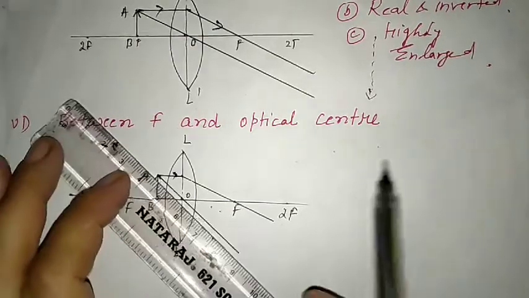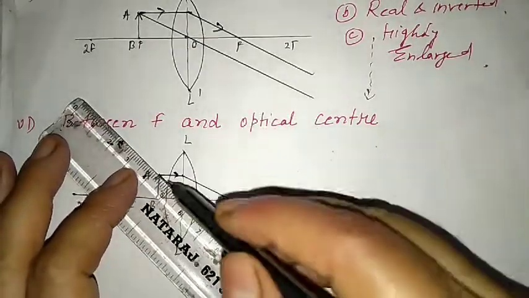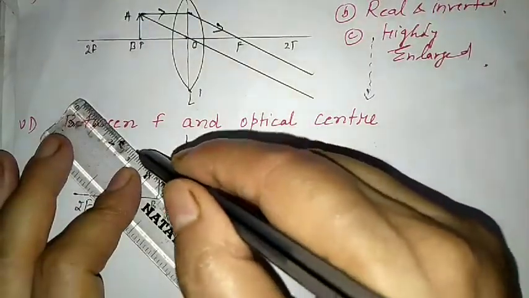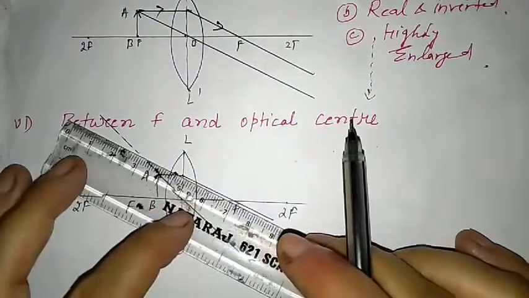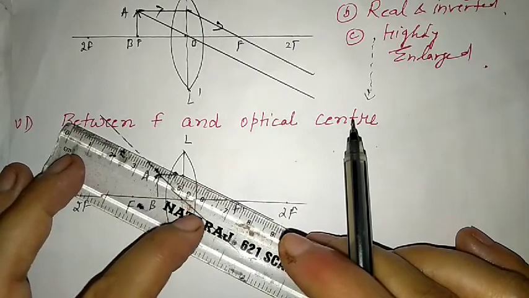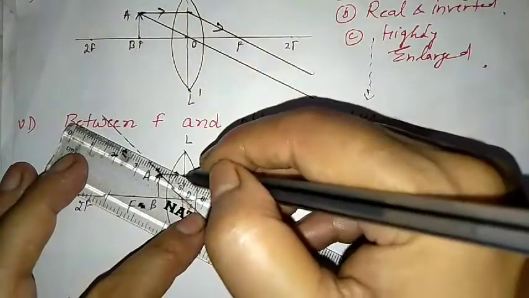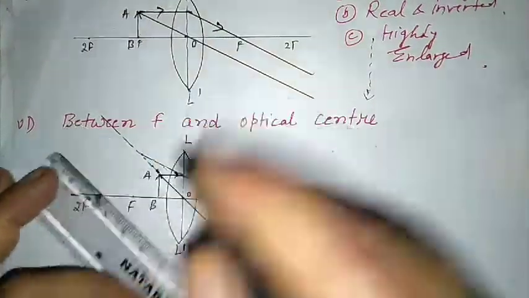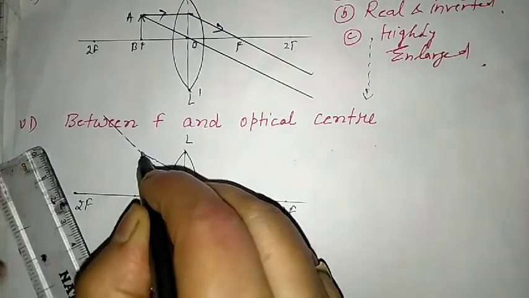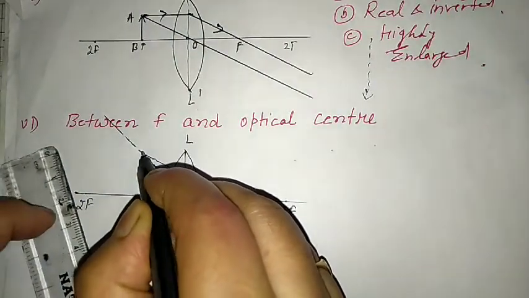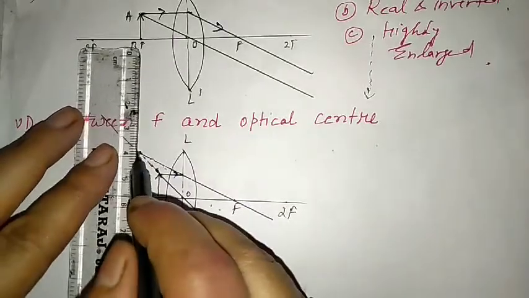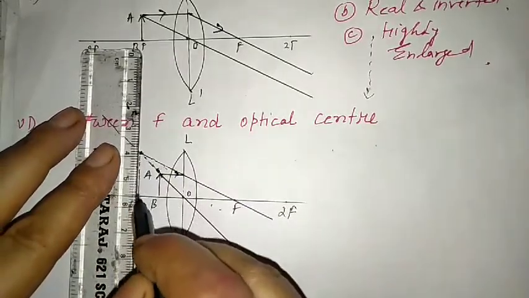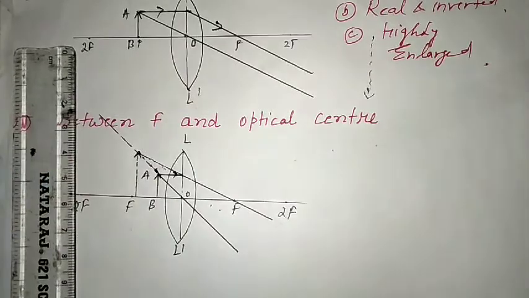So what it will do, it will meet somewhere at back. So we will extend both the rays to this side. So like this. So the image formed will be like this only.